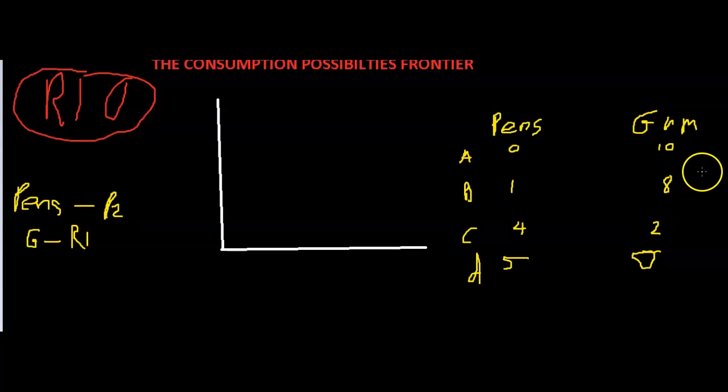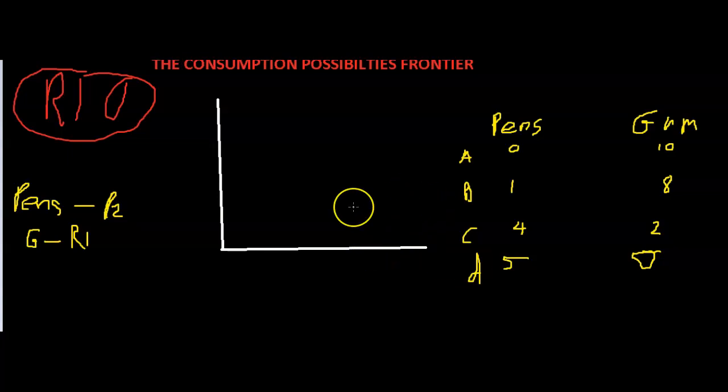Over here, if you buy 8 worth of gums, so 8 times 1 Rand is 8 Rand. And you buy 1 pen, that's 2 Rand. So 8 plus 2 is 10 Rand. This pens, so 2 Rand per pen, so that's 8 Rand, plus 1 Rand per gum, so that's 2 Rand, that is 10 Rand. So basically, this whole combination makes sense, right? You can buy those combinations of goods because your budget is 10 Rand.